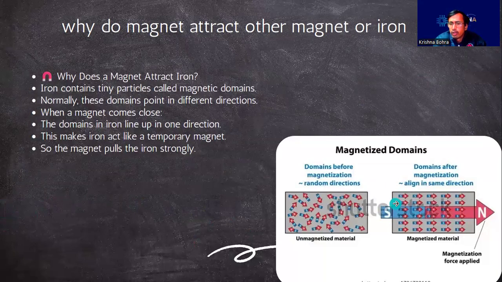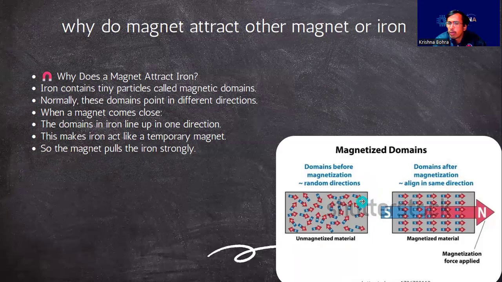Okay, so if this is pointing inside, it is a south pole, so this particular pole or side of a magnet must be pointing outside the material. If this has magnetic domains pointing outside the material, then only these two substances will attract each other.